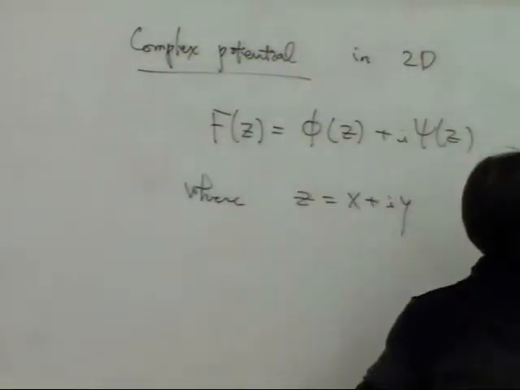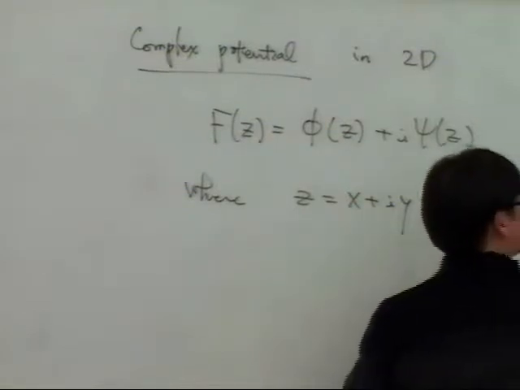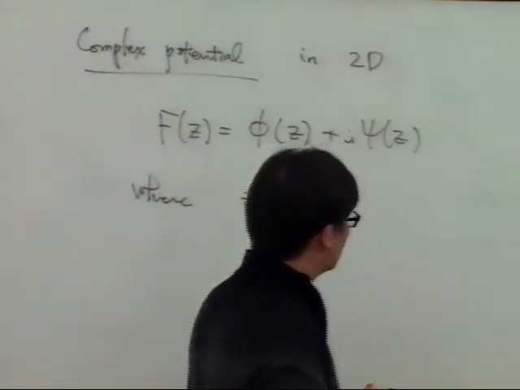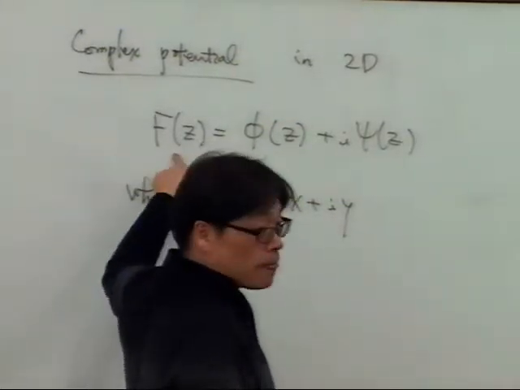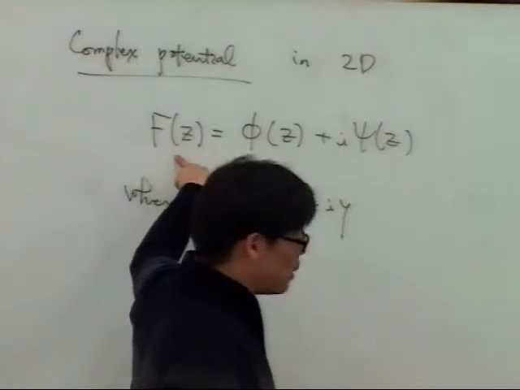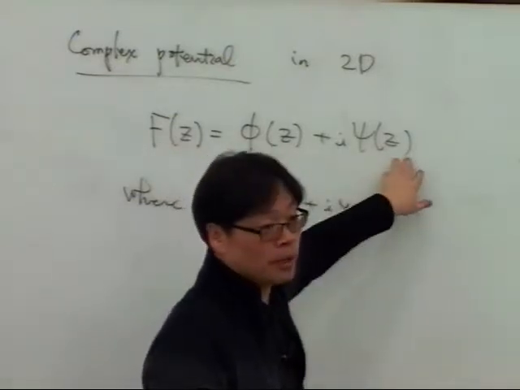So x is this axis, y is this axis. So this is a complex function. Being complex means it has a real and imaginary part.